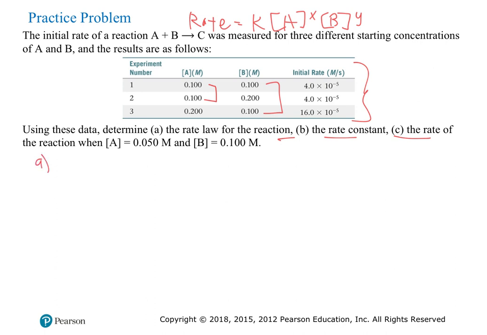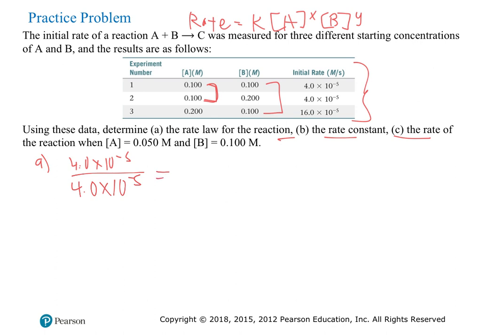It doesn't matter what you do first, let's just find B. So we're going to hold A constant, so we'll do experiments 1 and 2. So 4.0 times 10 to the negative 5 divided by 4.0 times 10 to the negative 5.